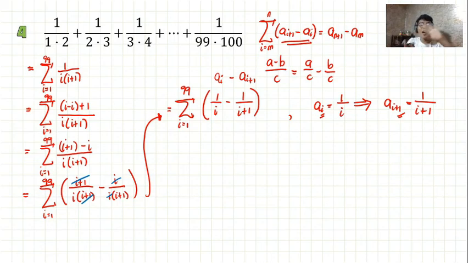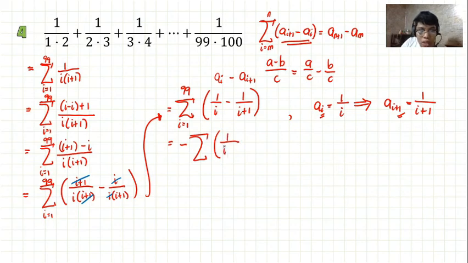But I can factor out the negative sign here. Okay, factoring out negative, I will now have negative of the summation ng ito magiging negative, this one will become positive. So, rearrange, so that will become 1 over I plus 1 minus 1 over I, I is from 1 to 99.